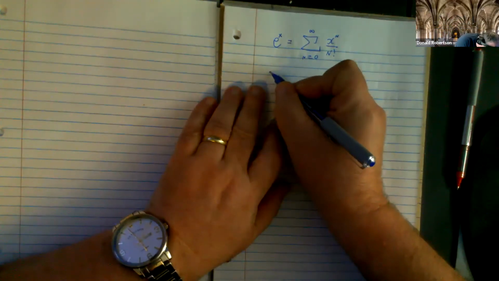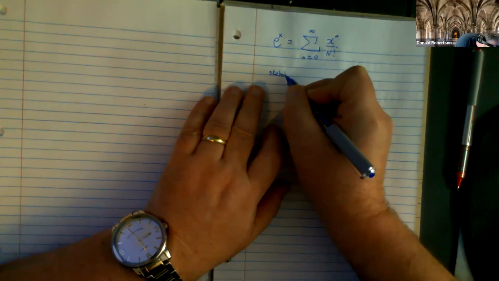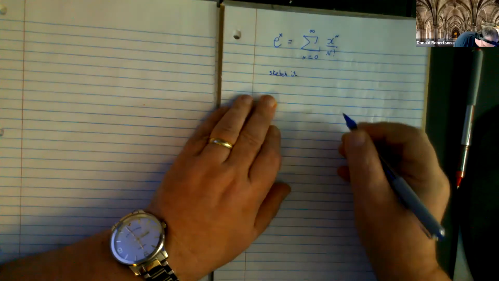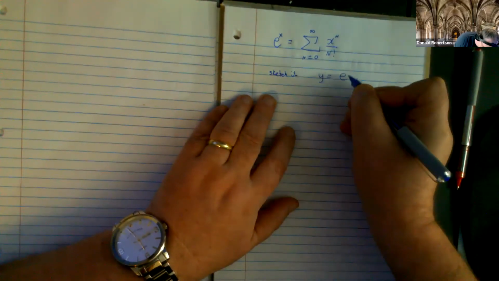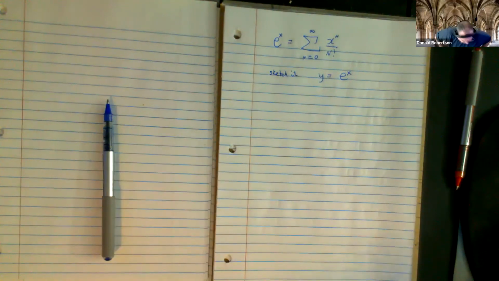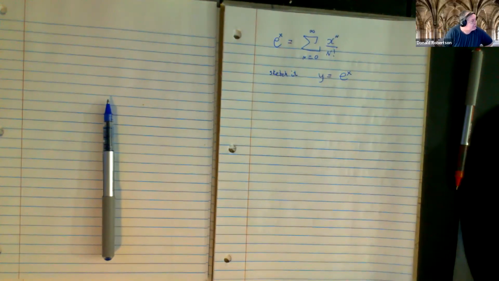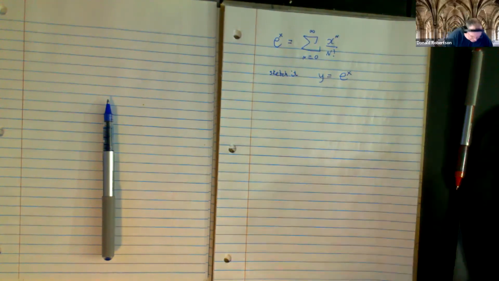First thing, I'm going to do a sketch. Now I know how to sketch e to the x. I'm going to be using Desmos because I'm definitely not going to do this by hand. So I'm going to get Desmos set up in a few seconds.